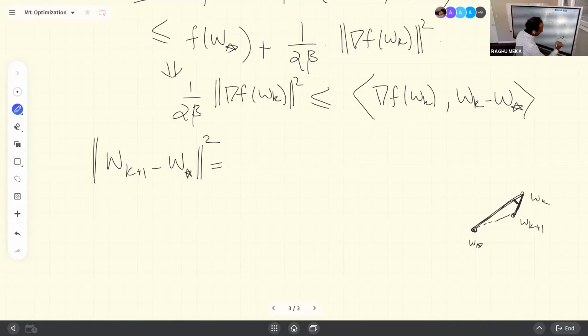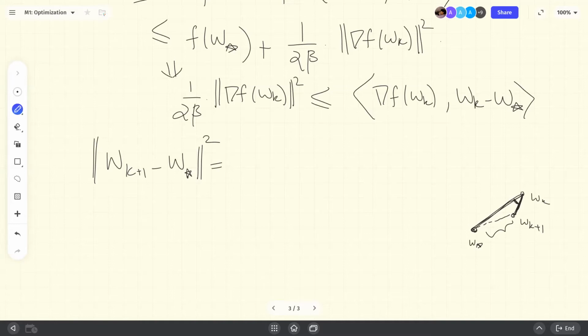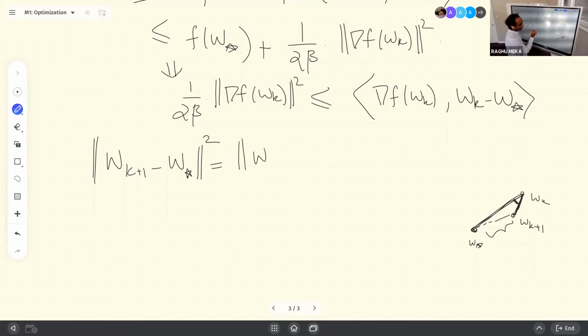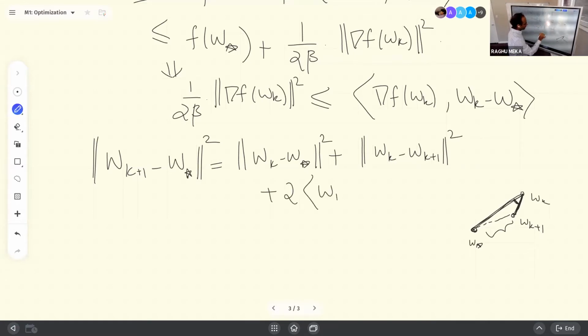So if I'm interested in this distance, the Pythagorean theorem would have been something like this. But with the cosine formula, you just get a correction term, which is the angle between these two things.